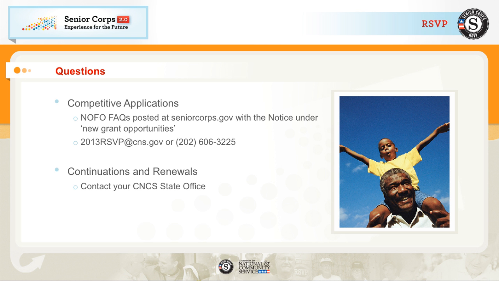If you cannot find an answer to your question in the FAQs, you can send an email to 2013RSVP@cns.gov or call 202-606-3225 and leave a voicemail. Individual responses will not be issued for questions left on this voicemail or email. Instead, review updates to the FAQs to find your answer.